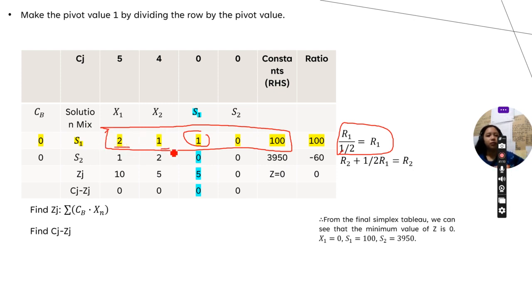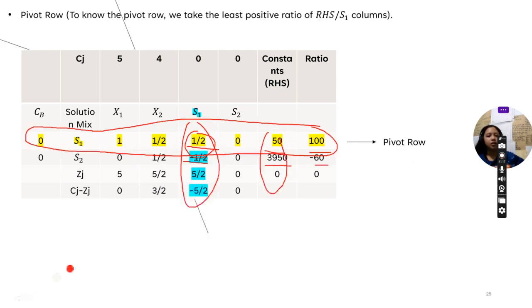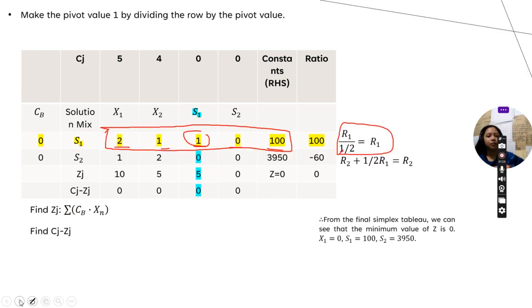So we have 2, 1, 1, 0, and 100. And the next step is to make this 0. To make that 0, we add 1/2. So let's use this formula as 0, 2. So negative 1/2 plus 1/2 is 0. Let's use this formula to here. And then we have these values.